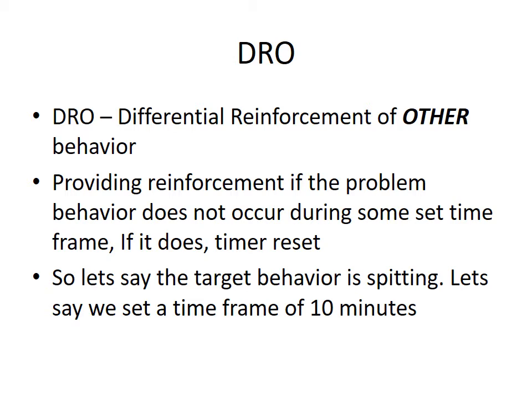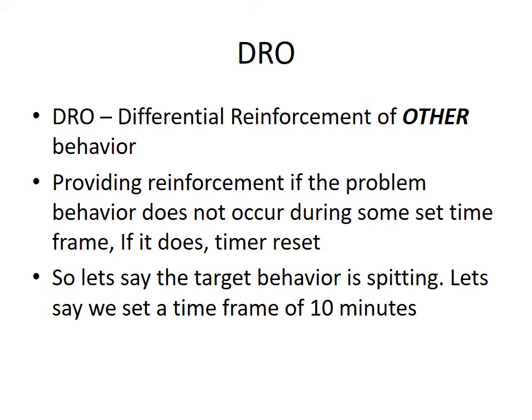We provide reinforcement if the problem behavior does not occur during some set time frame. Why is this? Well, the best explanation I can give you is that let's say we were doing a DRO and it simply meant only reinforce other behavior. Well, what if the person's target is spitting, like we're saying here in this example, and they punch you?